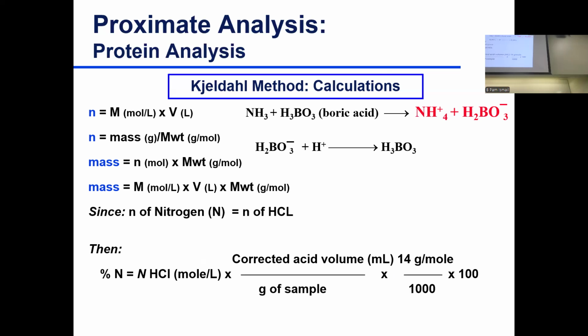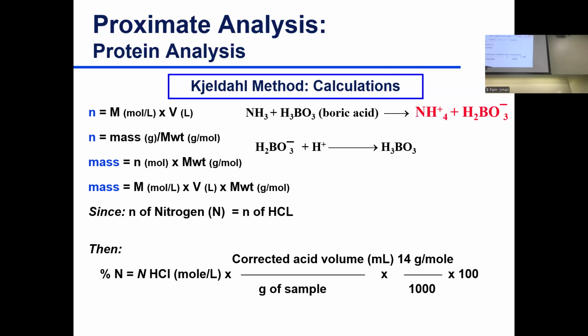Number of moles of HCl equals number of moles of borate, right? Because the borate is the salt that reacts with the H to give you boric acid. So equal number of moles, because it's 1 to 1. But with borate, I have ammonia, but 1 mole. So the number of moles of borate equals the number of moles of nitrogen.